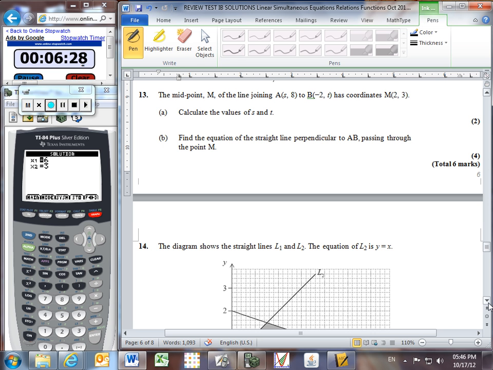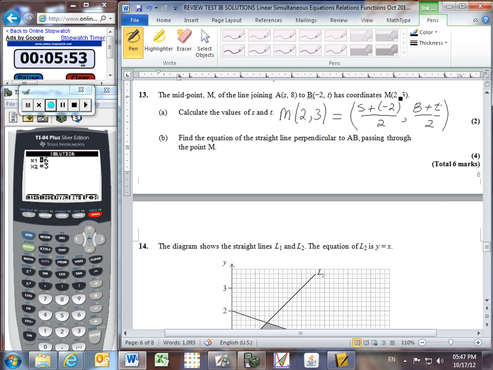Number 13. The midpoint M of the line between A and B has got coordinates 2, 3. So this time it's given us the midpoint, and we've got to figure out what the values of S and T are. Well, we know that our midpoint is equal to the average of the x coordinates, that's S and negative 2, and the average of the y coordinates, which is 8 and T. So obviously, this x-coordinate of the midpoint is equal to this x-coordinate of the midpoint.